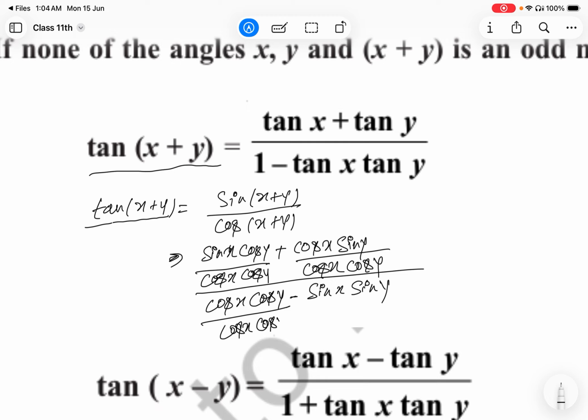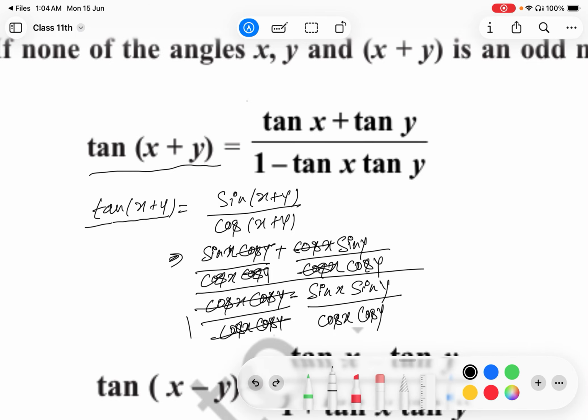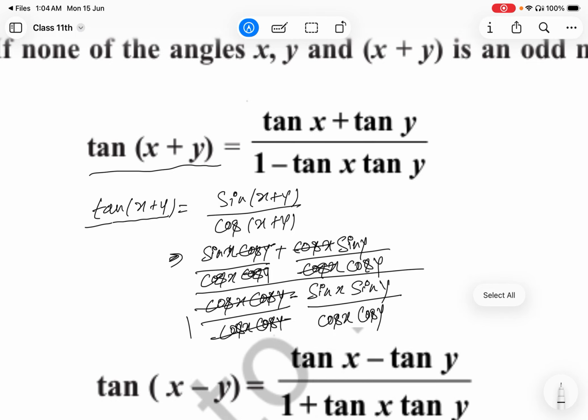Here cos y cancels, and cos x cancels, and in the other terms cos x cos y cancels, and here nothing will be cancelled.